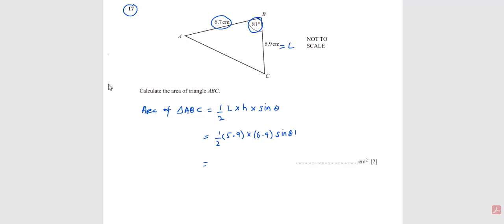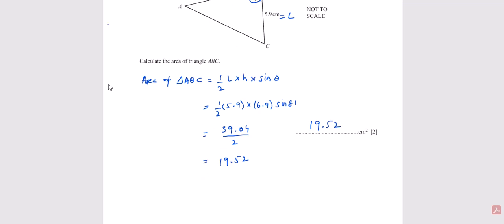Multiply these values with sine 81, that is equal to 39.04, divide by 2. After dividing by 2, we get 19.52. So the final answer is 19.52 centimeter square.